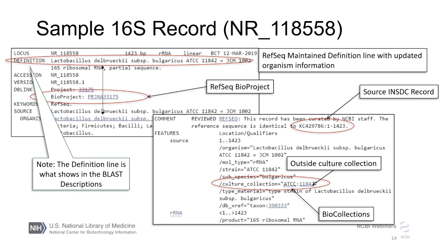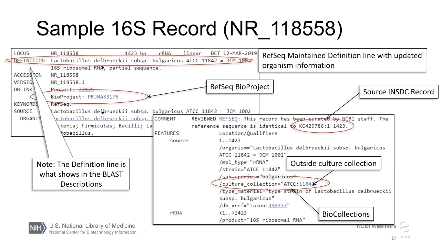So if you want to look at one of these records, this is the flat file of one of these records, just to show you the kind of information that's on here, and you can see these in our Entrez system. First of all, the definition line is controlled by the RefSeq curators, and that means that the organism information in this def line is going to be updated with the correct organism.